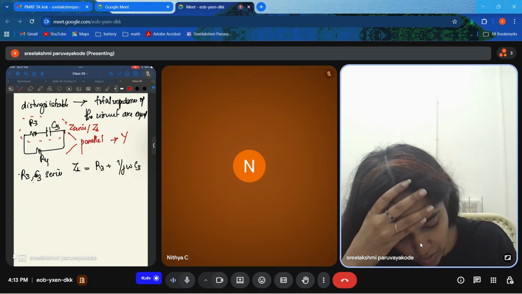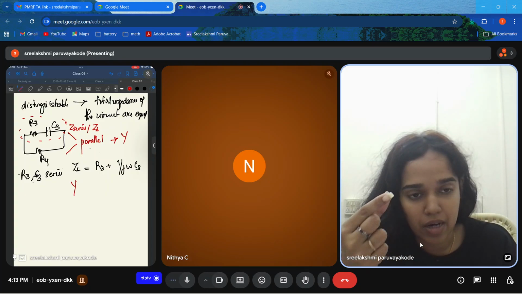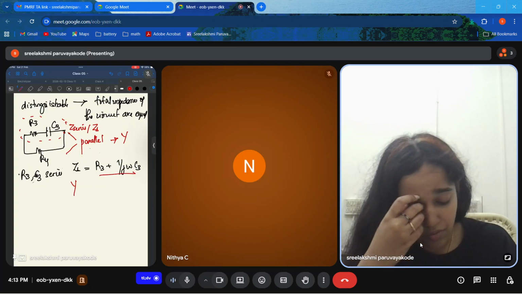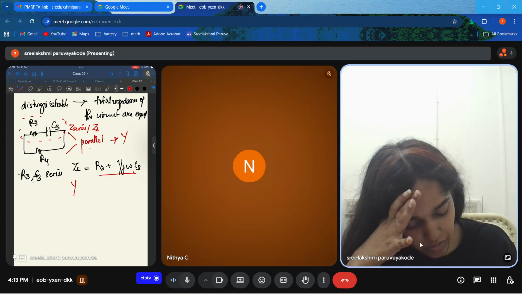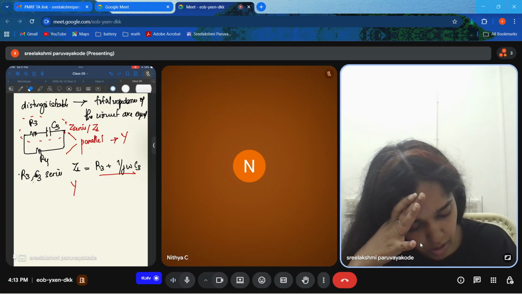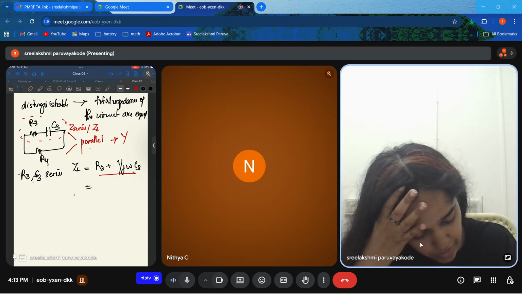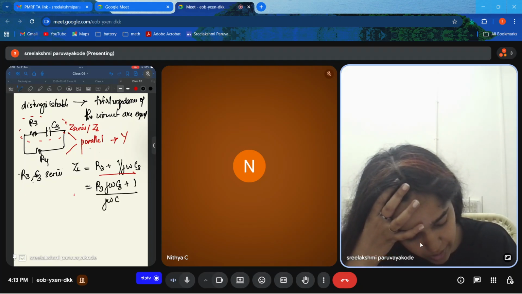Okay. If I'm solving it in admittance mode, you have to take the parallel. So parallel means 1 by this entire value plus 1 by R. Before that, let me also simplify this. Simplify this means R3 j omega C3 plus 1 by j omega C3.